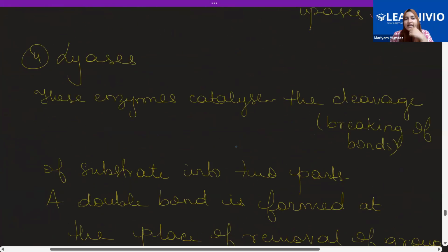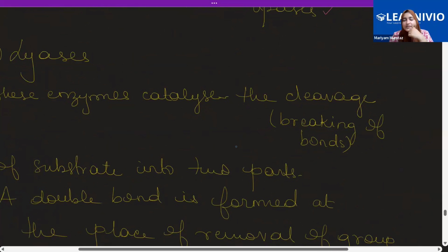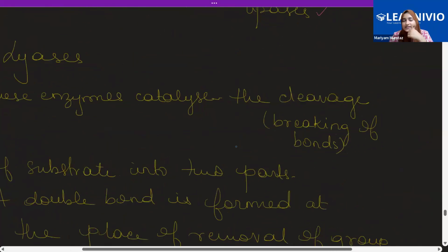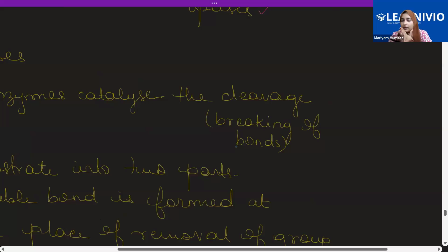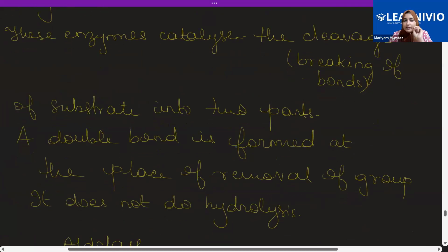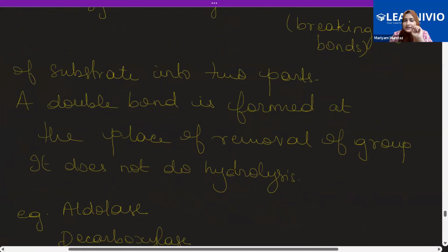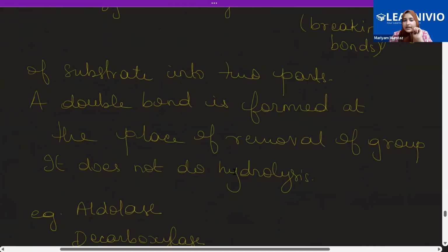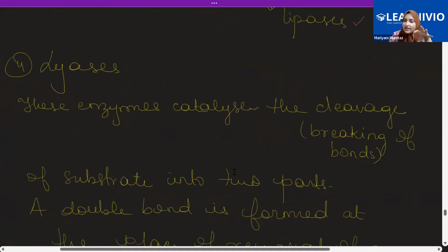Furthermore, we have lyase. Now, these enzymes catalyze the cleavage. What is cleavage? Cleavage means breakdown of substrate into two parts. A double bond is formed at the place of removal of the group. And this is very different from hydrolysis because here water is not involved.